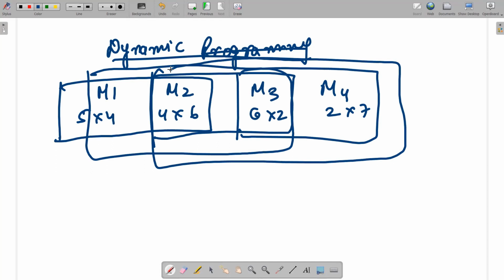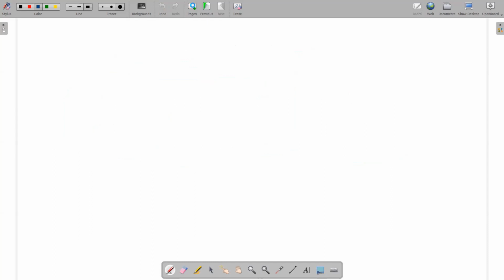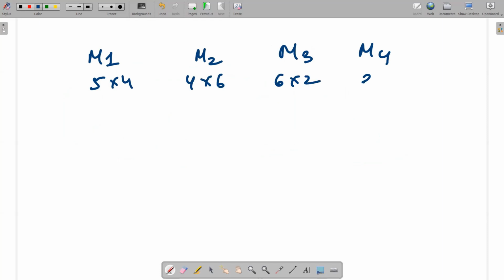So we'll divide the problem into subproblems. I have a scenario with M1, M2, M3, and M4, with orders 5 cross 4, 4 cross 6, 6 cross 2, 2 cross 7. We have this particular scenario with us.